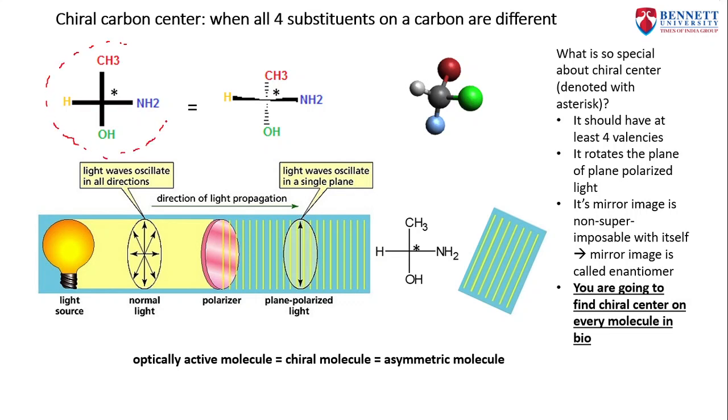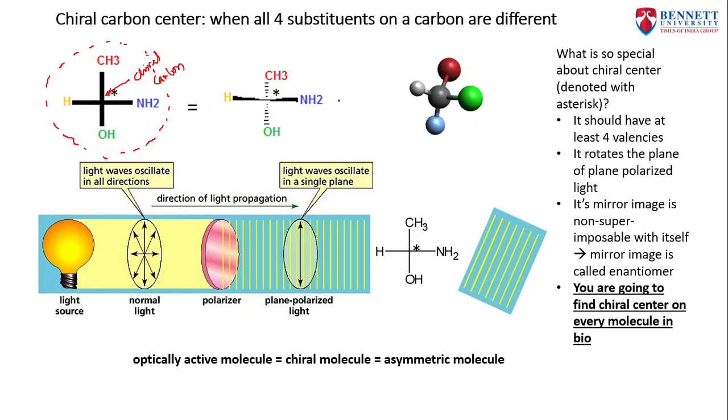When all four groups on the carbon's valency are non-identical, this carbon is called a chiral carbon, and it is represented with a star. One more time, when all four substituents of the carbon's four valencies are non-identical, it refers to a chiral carbon, and this is represented with a star.